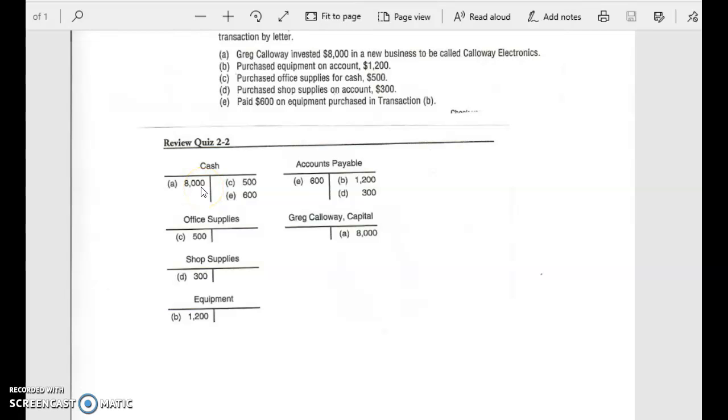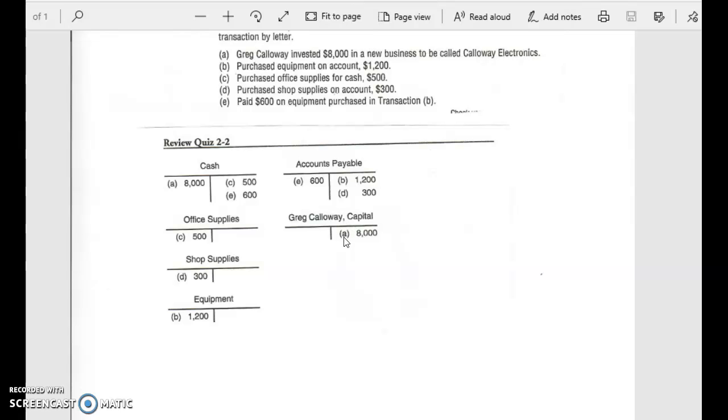And you know that for every debit you have to have a credit. So the other account impacted by this transaction is Greg Calloway Capital. So we've drawn a T account. We have labeled it Greg Calloway Capital, and capital accounts have a normal credit balance, so they increase on the credit side or the right side.